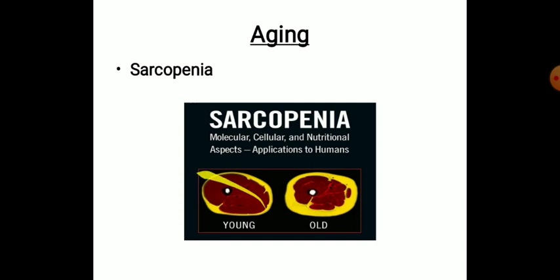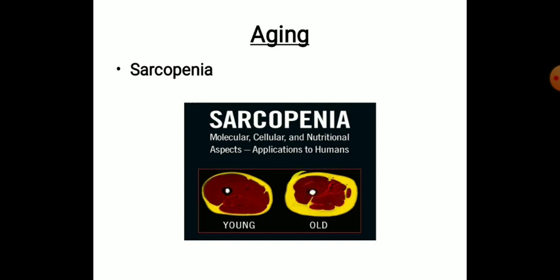As you can see in this picture, in normal young adults, this is a thigh compartment. We have these normal muscles, and the normal muscles are filled with normal muscle fibers. But as we age, these normal fibers can adapt to some physiological changes.